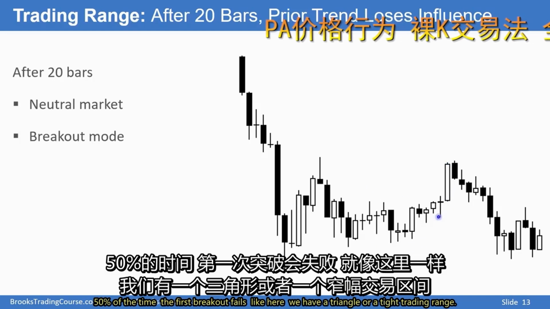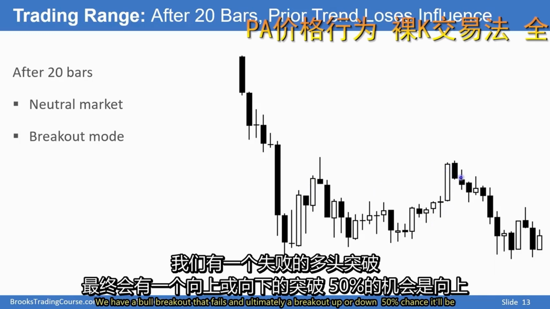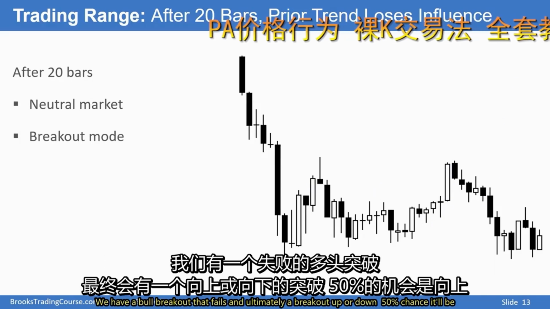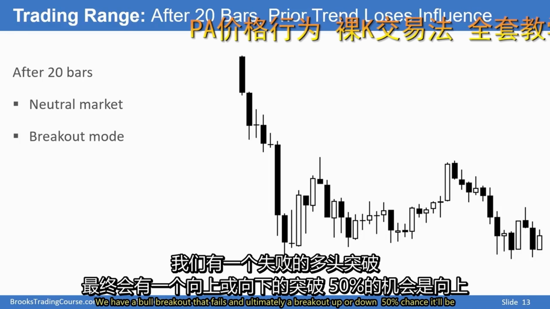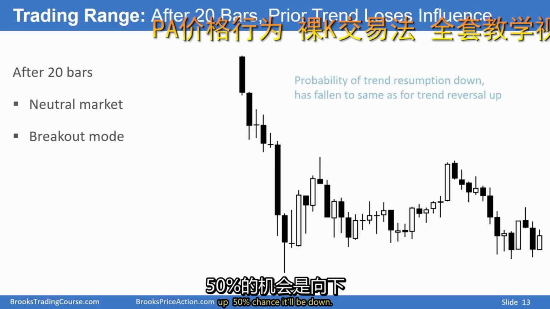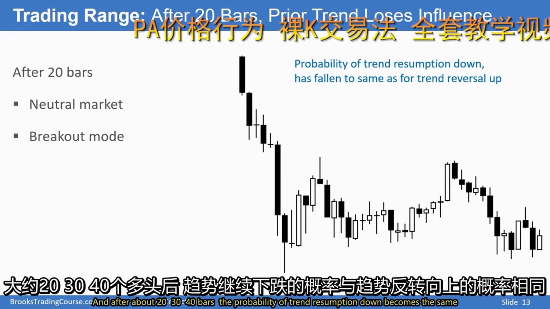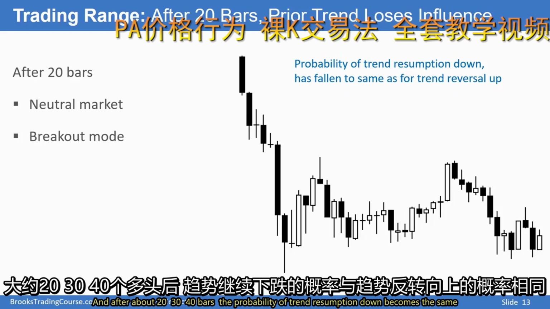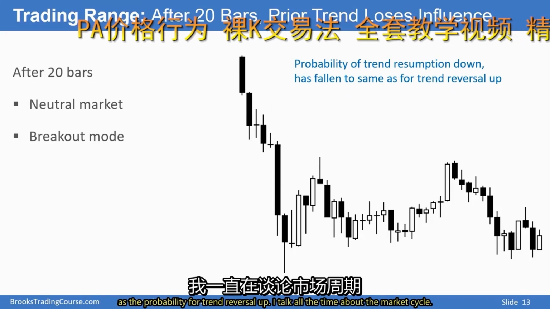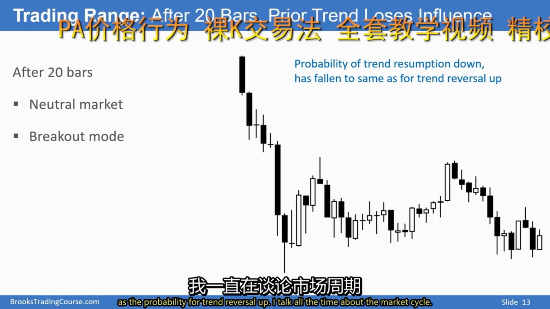We have a triangle or a tight trading range. We have a bull breakout that fails. And ultimately, a breakout up or down, 50% chance it'll be up, 50% chance it'll be down. But after about 20, 30, 40 bars, the probability of trend resumption down becomes the same as the probability for trend reversal up.